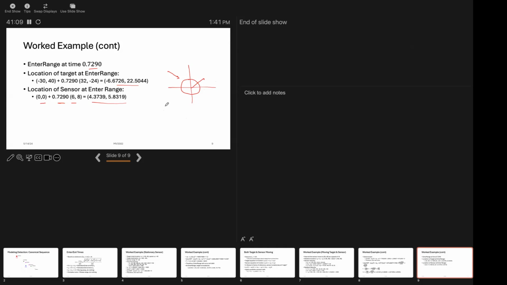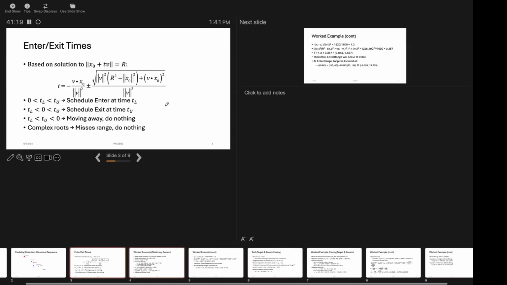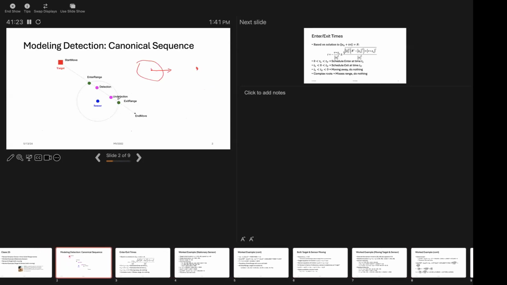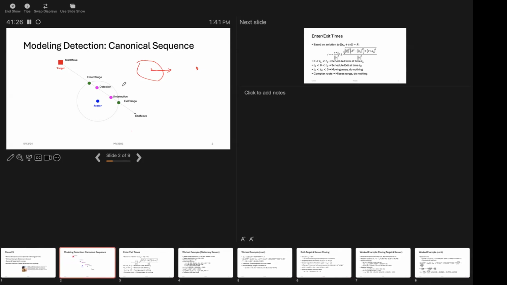Okay, so now the next step is to try to implement all this. What we haven't talked about yet is detection. So for the first iteration, we're going to punt on that a little bit and use what is called a cookie cutter sensor. You're familiar with what that is.